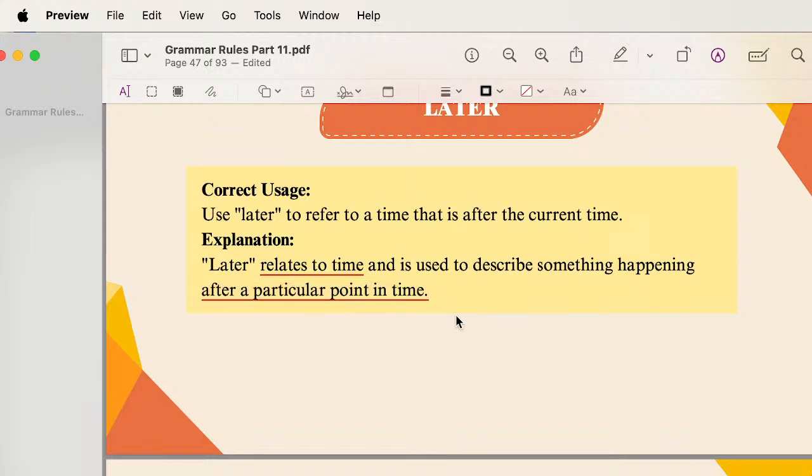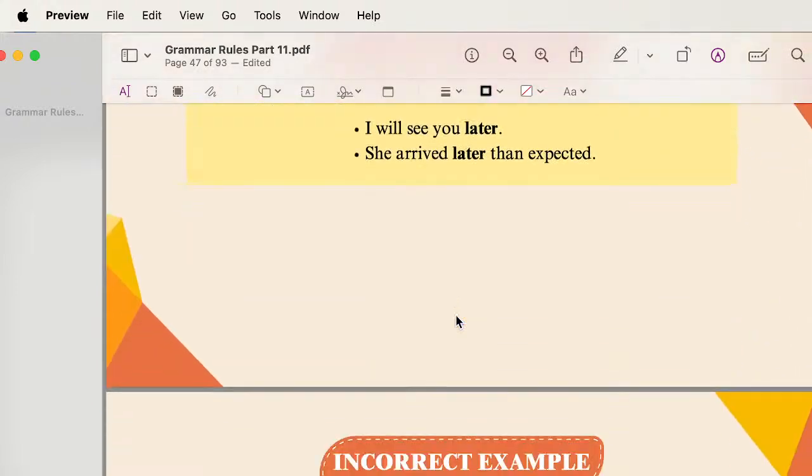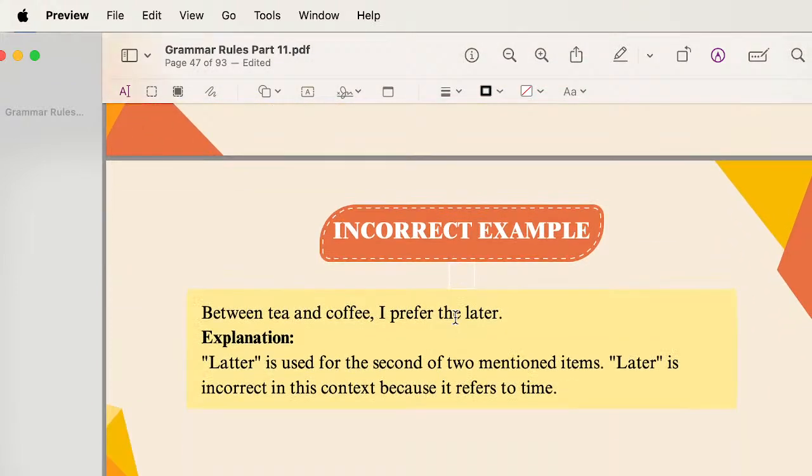But latter means you have two choices and when you're picking the second of the two choices available, then you use the word latter. Between tea and coffee, I prefer the latter. That means I prefer the second one. So if you're saying that between tea and coffee, I prefer the later, that is incorrect.